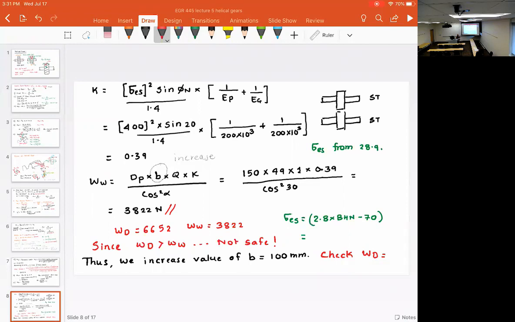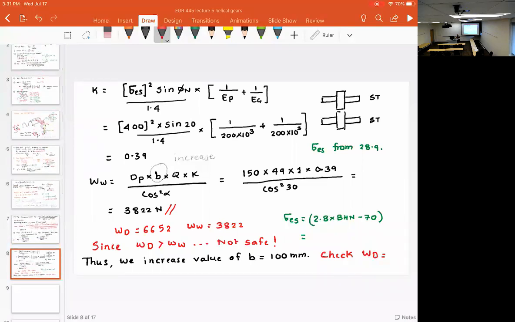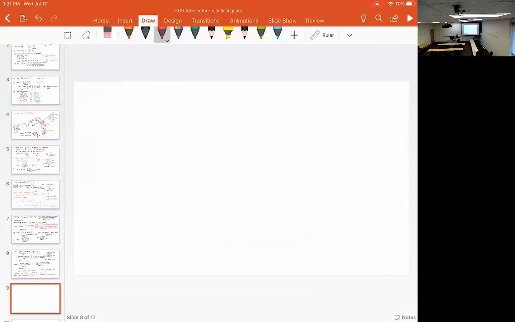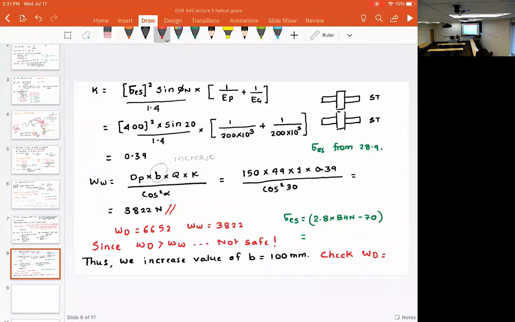Everybody understood this? Okay. And assuming you won't go into an infinite loop because WD increases. No questions? You understood everything?